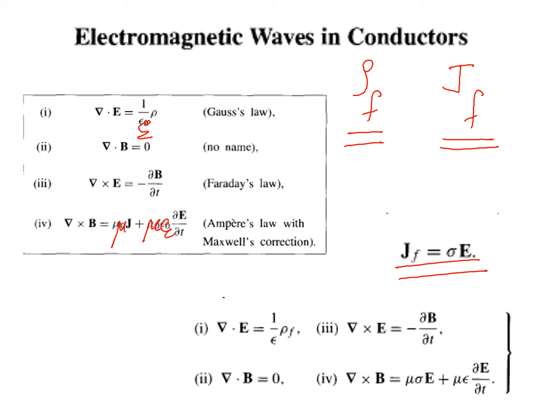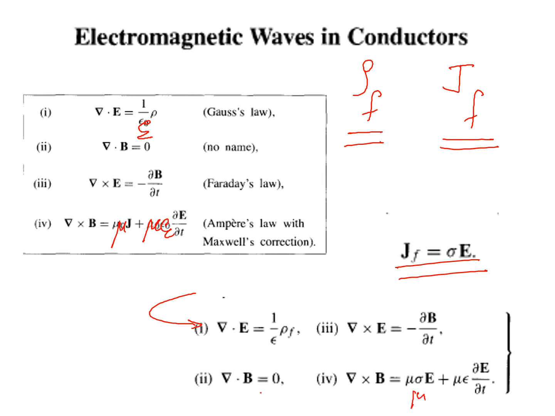Using Jf equal to sigma E, and including the free charges for conductors, we can write Maxwell's equations in a linear medium. They take the form del dot E equal to 1 by epsilon rho f, del dot B equal to 0, del cross E equal to minus dou B by dou t, and del cross B equal to mu sigma E plus mu epsilon dou E by dou t. Why?